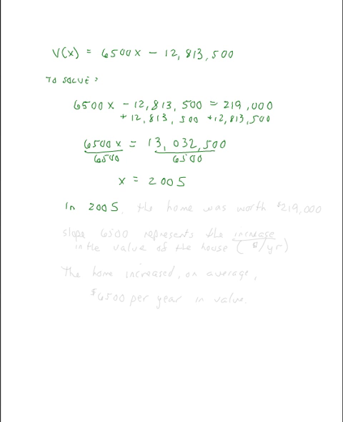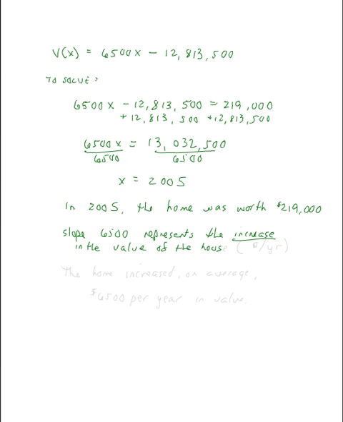So all that means is, in the year 2005, this is when the home was worth $219,000. Now we did have a second question. It asked about what does the slope of v of x represent. Keep in mind what the values were. It is positive. Because it was positive, this is an increase in the value of the house.